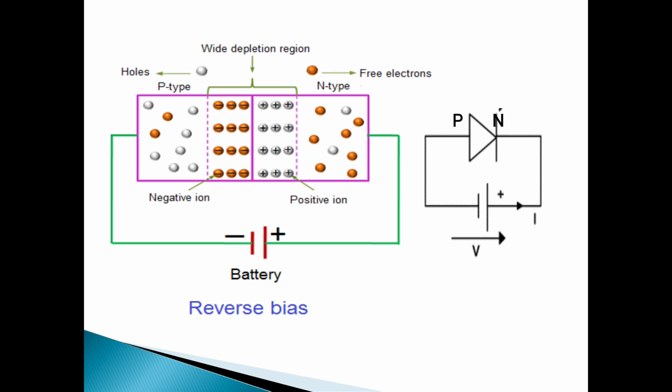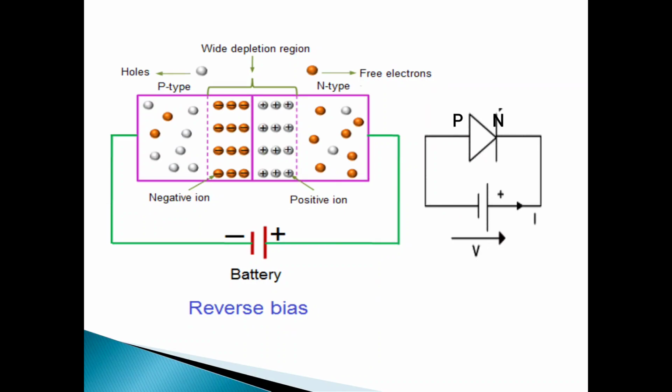Similarly, the electrons, which are negatively charged particles, move away from the junction, moving to the positive of the battery. As the electrons and holes move away from the junction, there is no electron and hole crossing the depletion region width, due to which the width of the depletion region becomes wide and the potential barrier also increases.